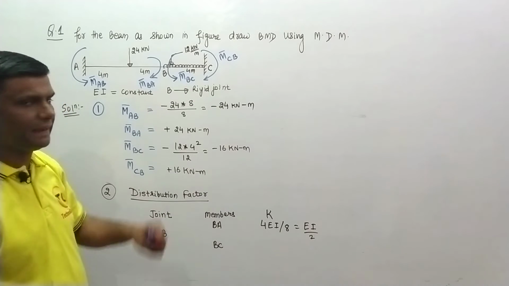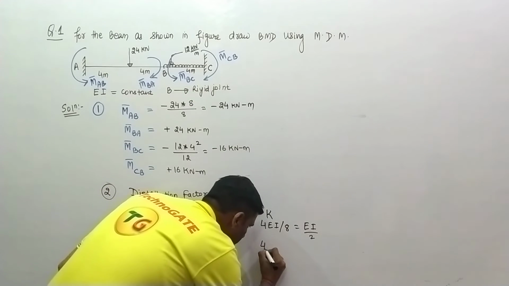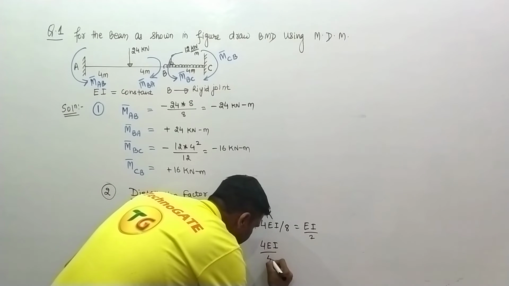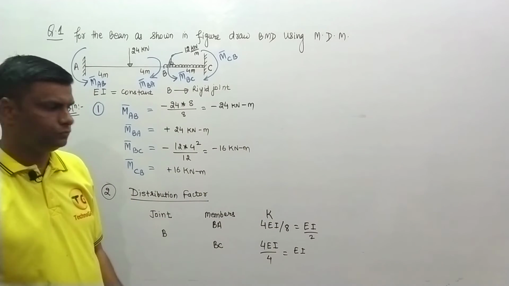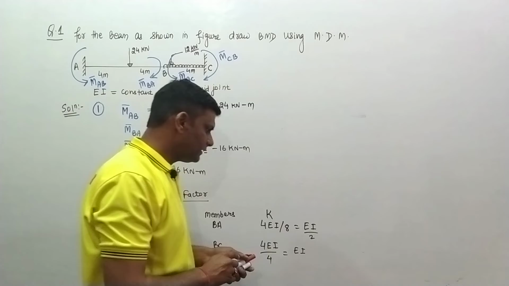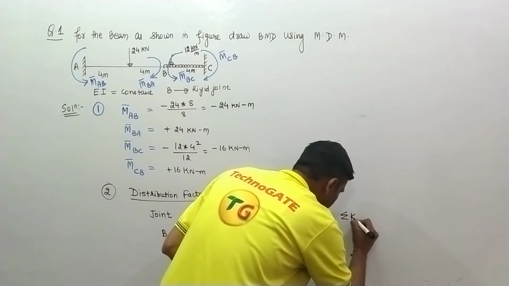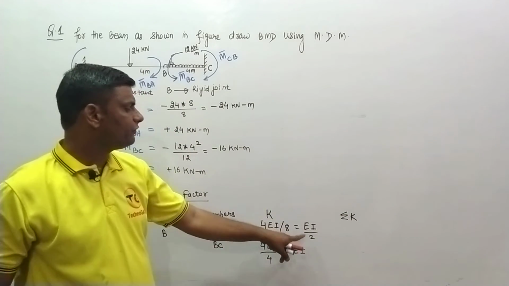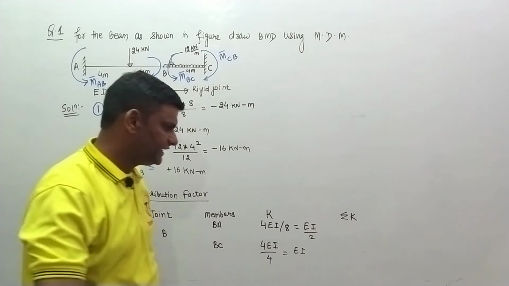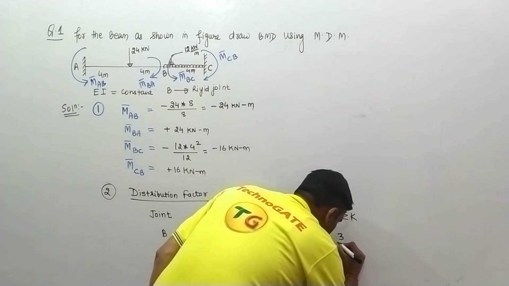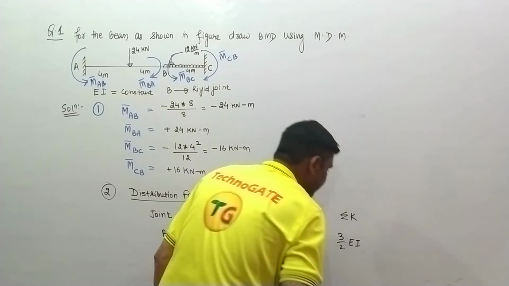And for BC, the span is 4 meter, 4 EI divided by 4, the value is EI. We add these to find the summation of K: half of EI and 1 EI, that is equal to 3 by 2 EI.